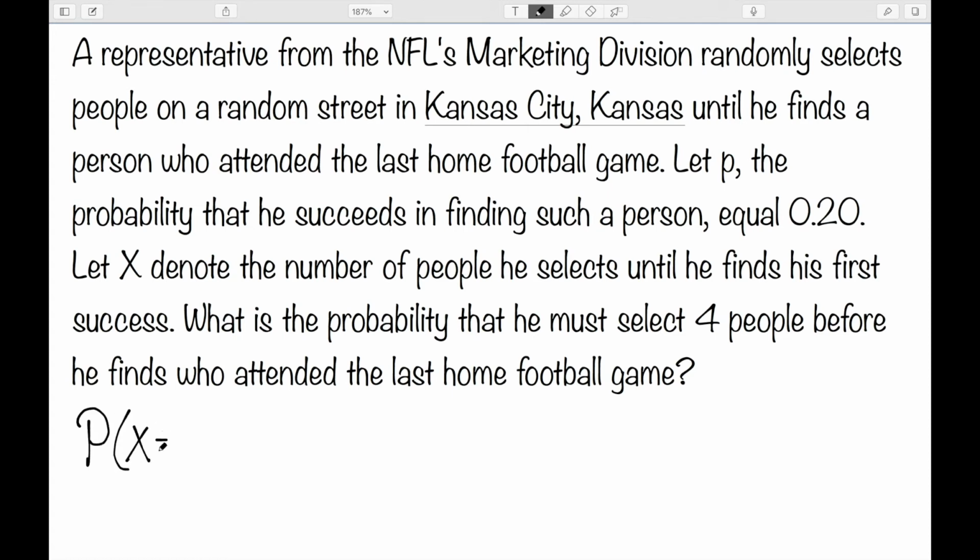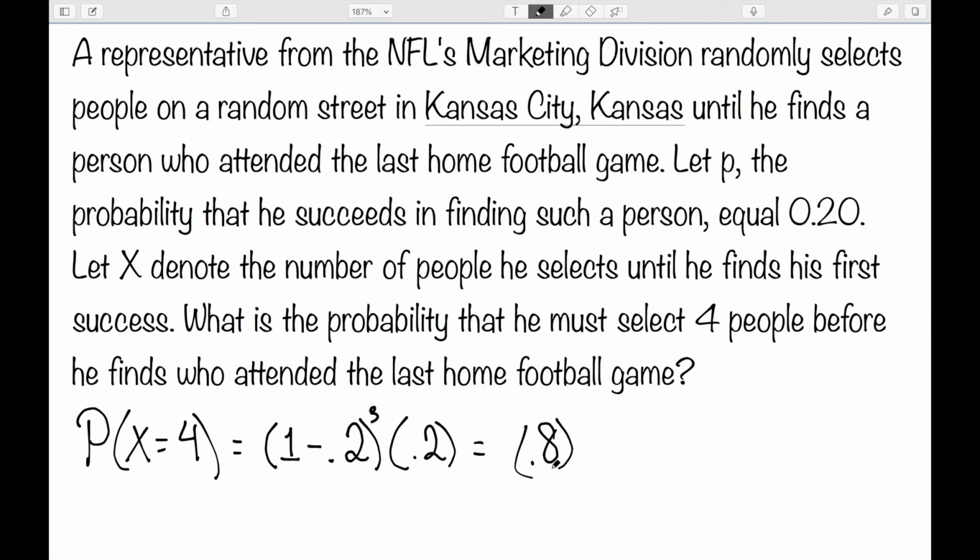So we want to know the probability that x is equal to 4. So the formula says (1 minus 0.2) to the x minus 1, so 4 minus 1, times p. In other words, 0.8 cubed times 0.2, which gives me 0.1024. So this would be the probability that he must speak to 4 people.